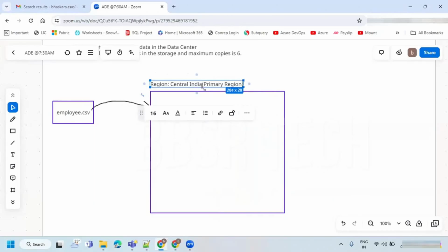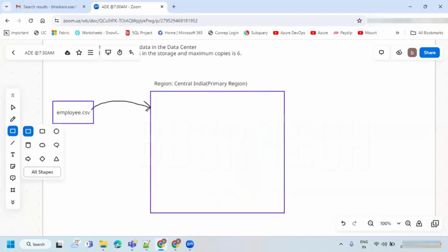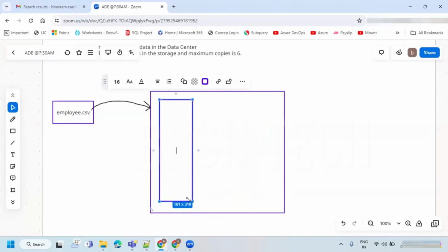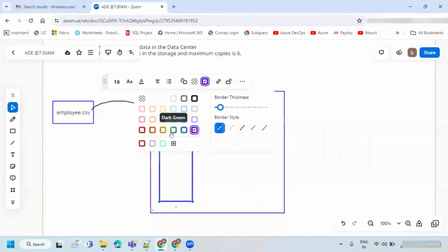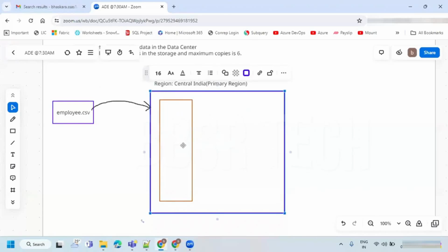Region means location. The primary region is going to have a minimum of 3 availability zones allocated for us.